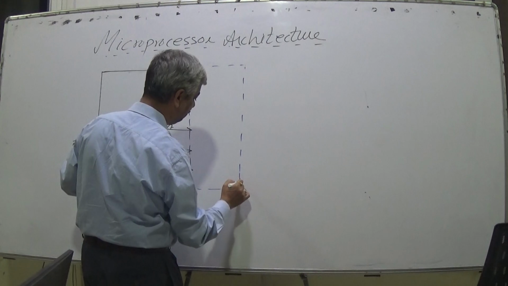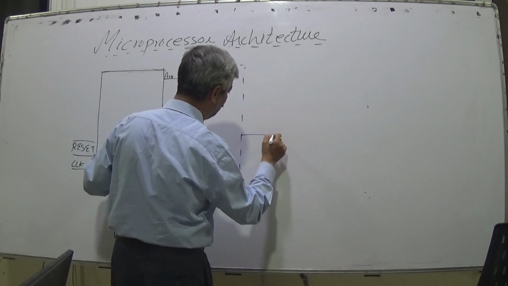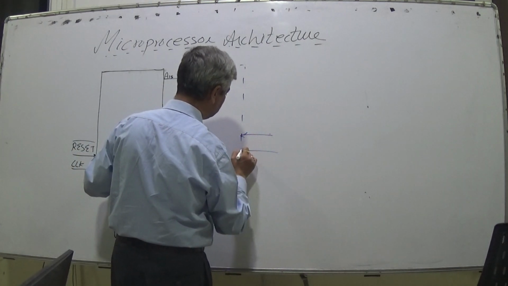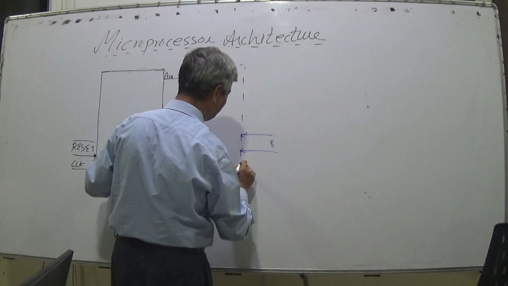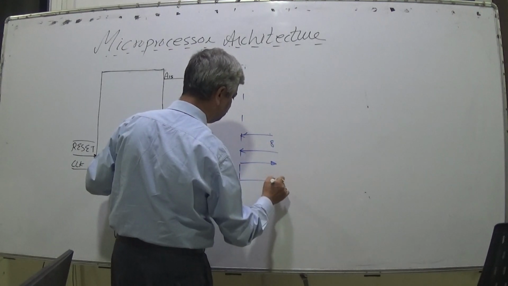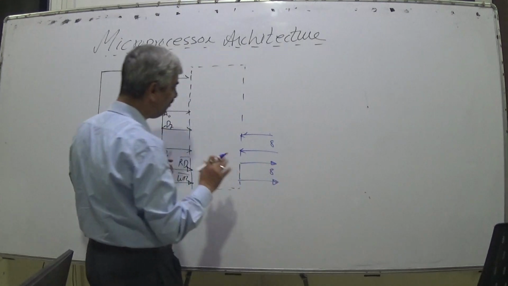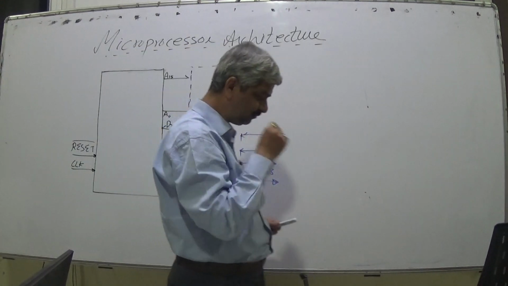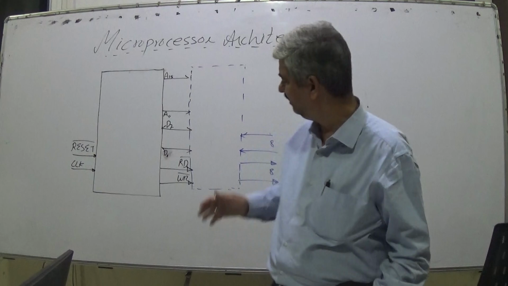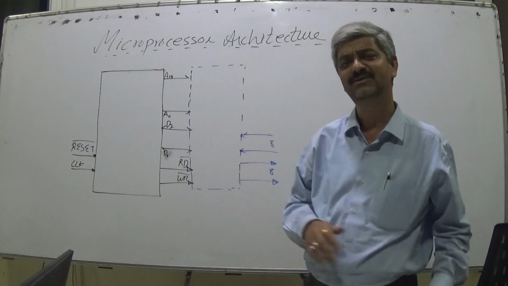So there are a few input locations, we say 8, let it be 8, and a few output locations. What it means is there are 8 inputs and 8 outputs.